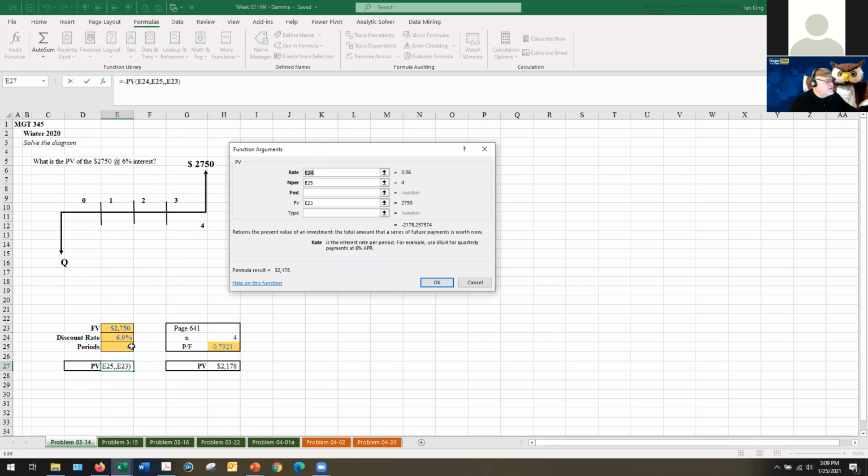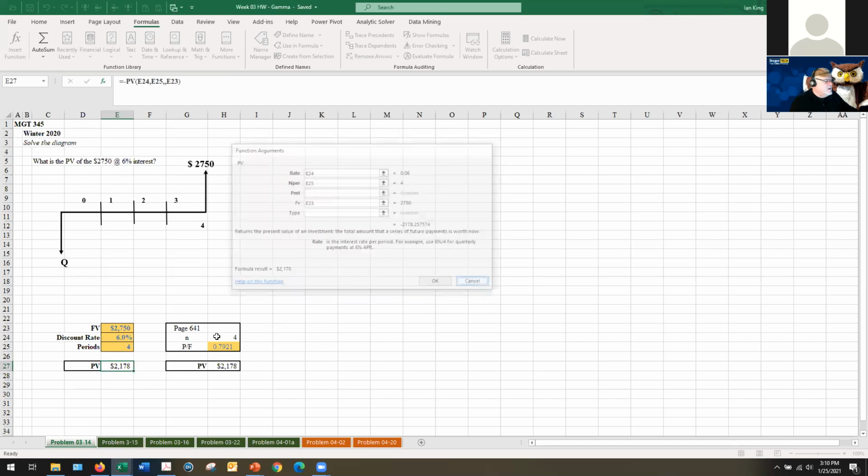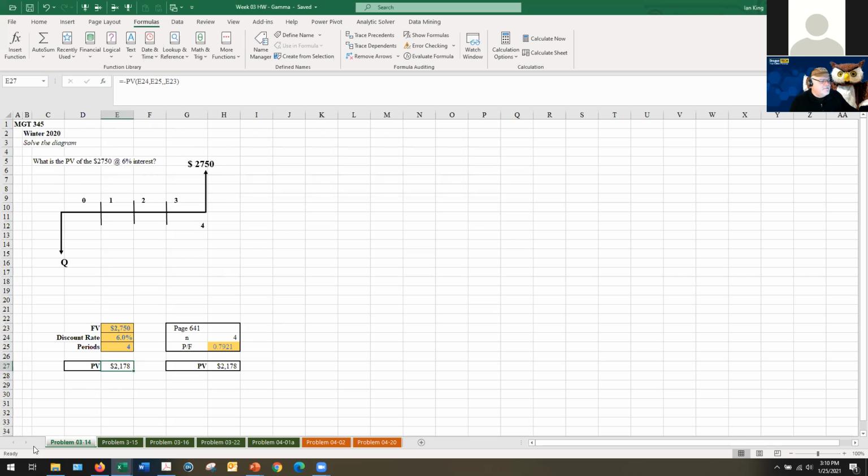They had number of periods, 4. And the future value was 2750. They gave it to you. So I typed that into the formula on Excel, because I wanted the present value, because they gave you the future value, and that's how I got the 2178.